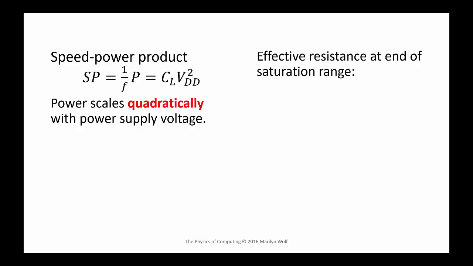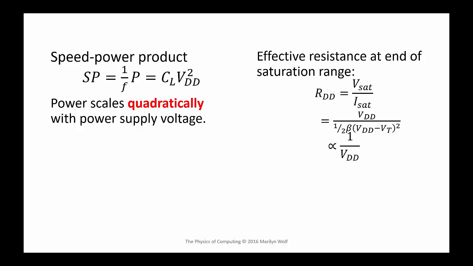We can use a simple model to estimate the relationship between power supply voltage and delay. Let's use the effective resistance at the end of the saturation range of the transistor. That's just equal to the saturation voltage divided by the saturation current. This formula gives us an expression for that effective resistance as a function of power supply voltage.